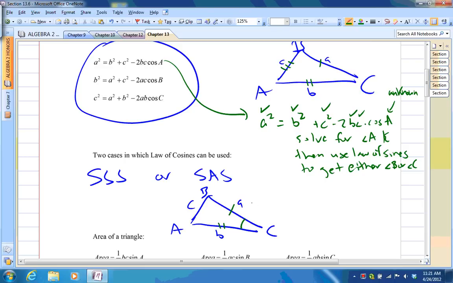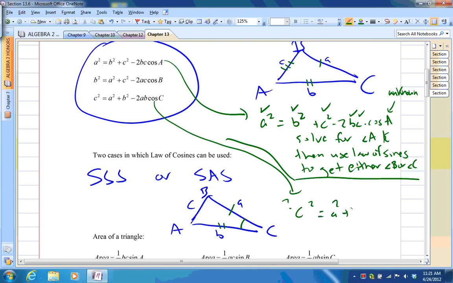See how it's a side angle side situation? So if you think about it, we don't know c squared, that's a question mark, but we know a squared, we know b squared, we know 2ab, and we will be able to find the cosine of angle c because we're given angle c.